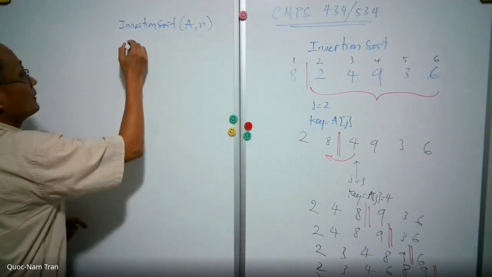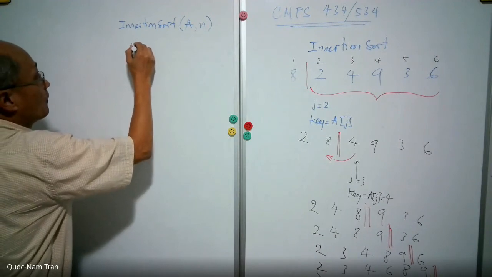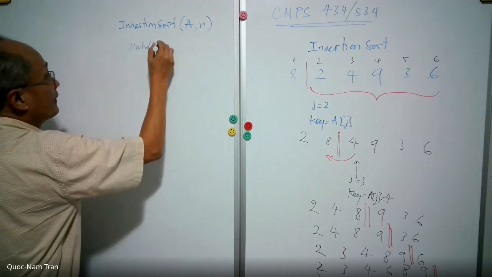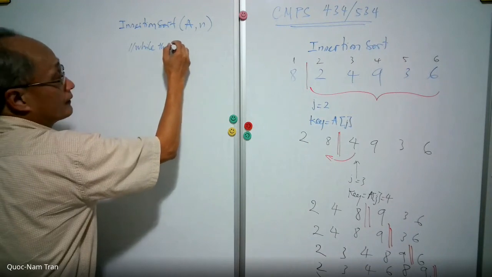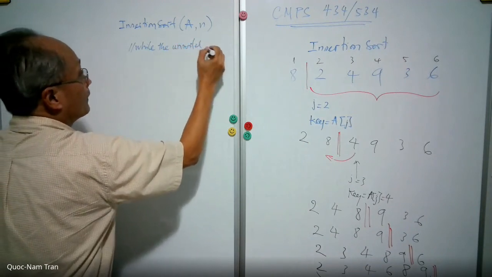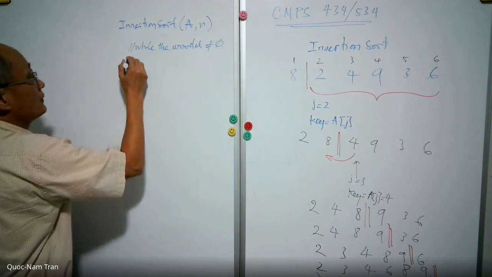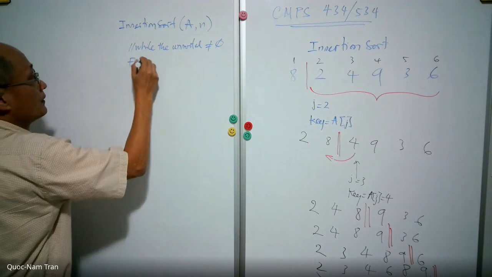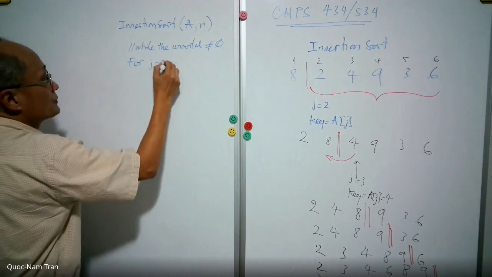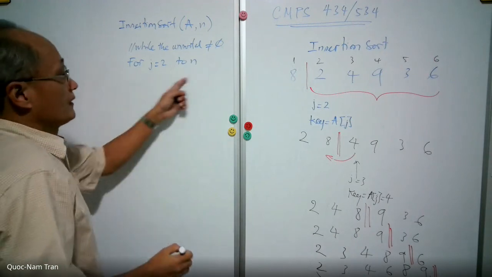So we do that by a for loop, for j from 2 to n.